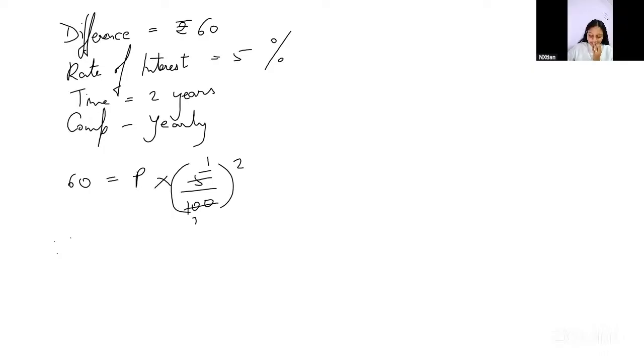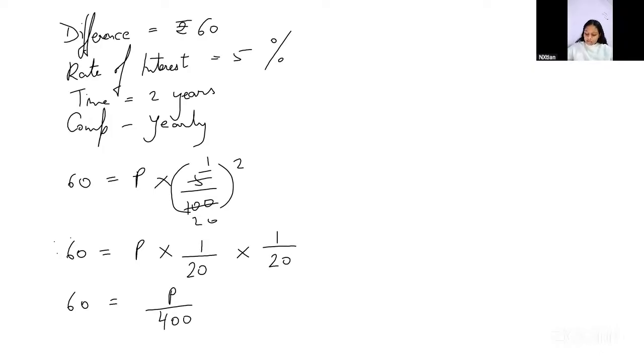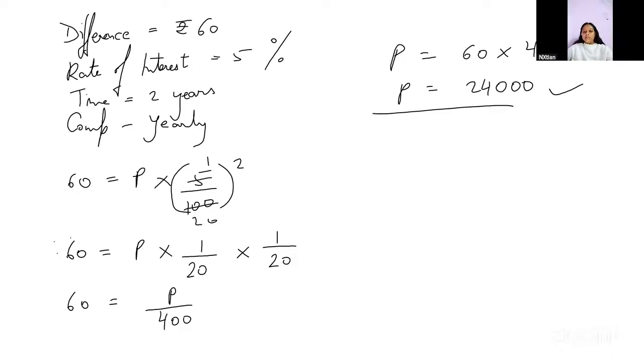Difference is 60. Cancel, 5 ones are 5, 5 twos are 10. 60 is equals to P into 1 upon 20 into 1 upon 20. 60 is equals to P upon 400. Cross multiply. P is equals to 60 into 400, P is equals to 24,000. Correct, Abraham. 24,000 is the answer.